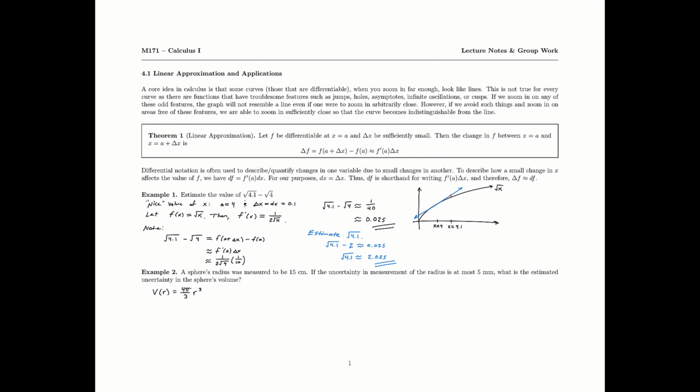So then, effectively, what this theorem up here is saying is this quantity right here, we call this the differential of f. So this is the estimated change in f. This is, of course, the actual change in f.